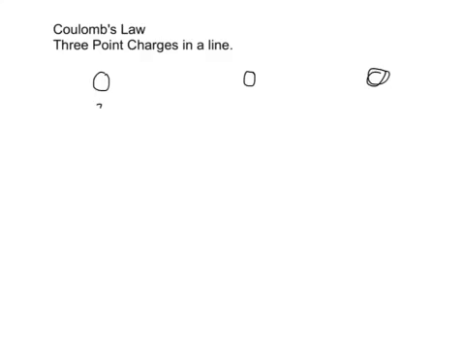And we'll label them Q1, Q2, and Q3. And we could give them any signs we want. Let's give them a plus, and a minus. My drawing's not great today, but anyway.